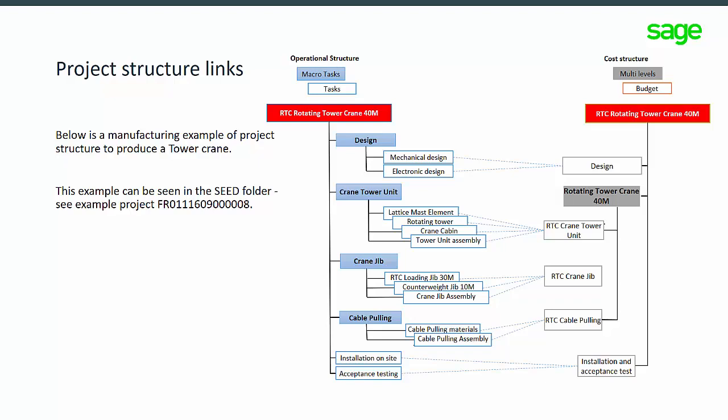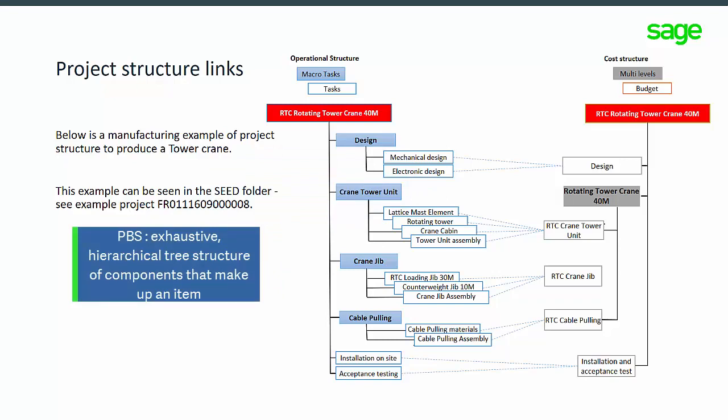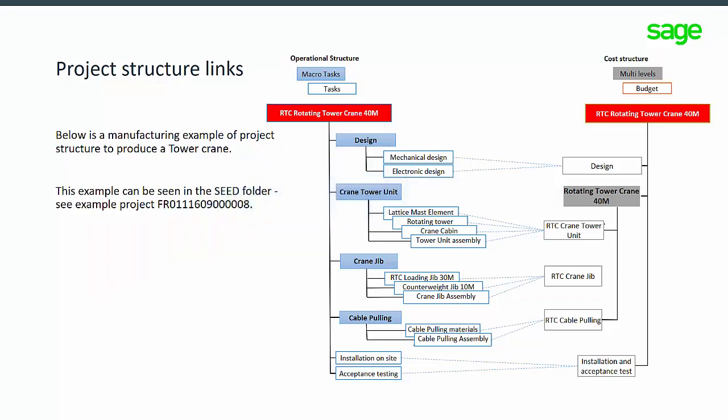It provides a framework for detailed cost estimating and cost controls, along with providing guidance for schedule development and control. The product breakdown structure, or PBS, is an exhaustive hierarchical tree structure of components that make up an item.